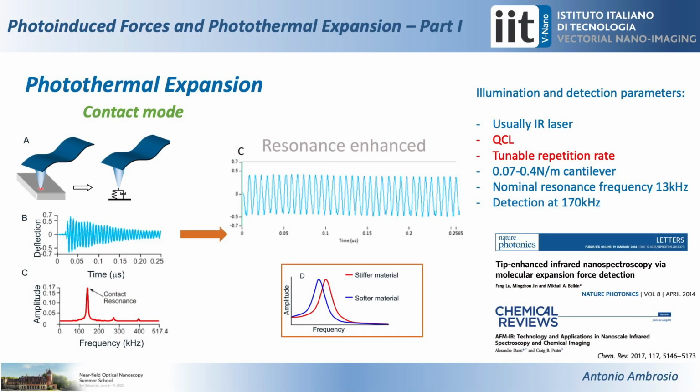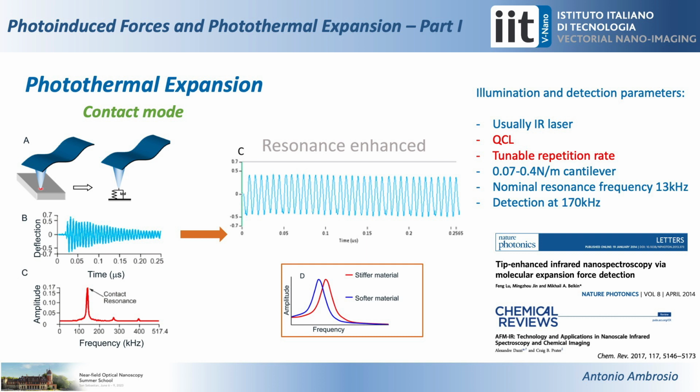When you try to be resonant in this technique, you have to not just extract the amplitude, but also follow the phase shift due to the stiffness of the material, and adjust the repetition rate of the QCL accordingly.